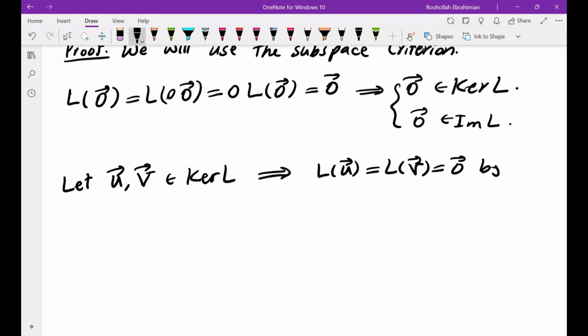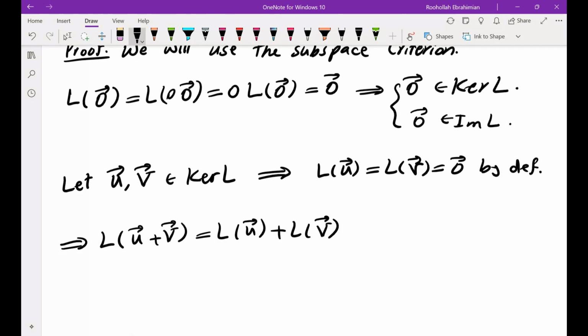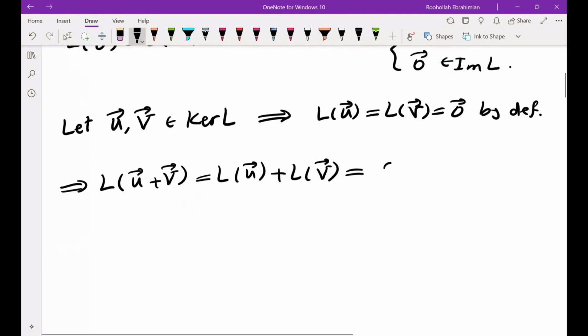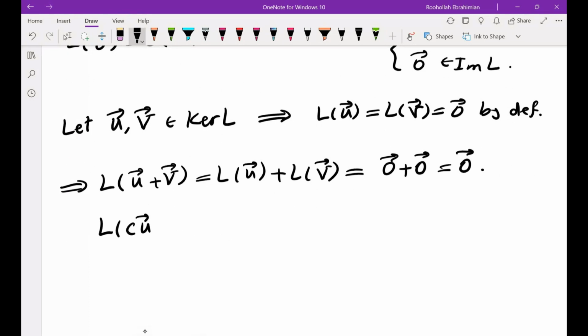Now if we evaluate L of U plus V, we will get L of U plus L of V by linearity. In fact, to be more specific, it's by additivity, and that's 0 plus 0, which is 0. And if you look at L of CU, that's C times L of U by linearity.